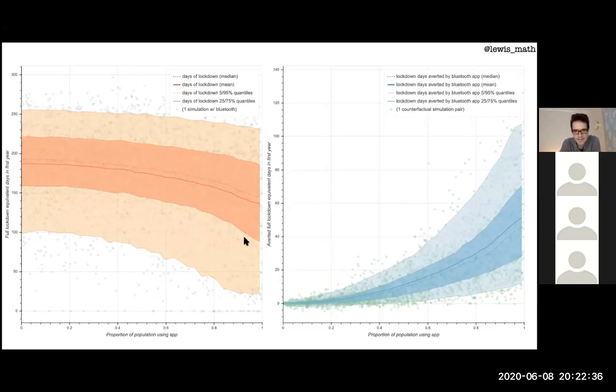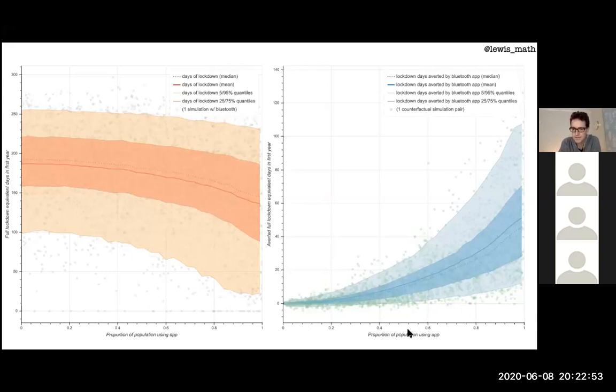And so you can see that as the proportion of the population using the app gets above 80% or so, you see this increasingly steep reduction in the number of days of lockdown. But it's not huge, right?